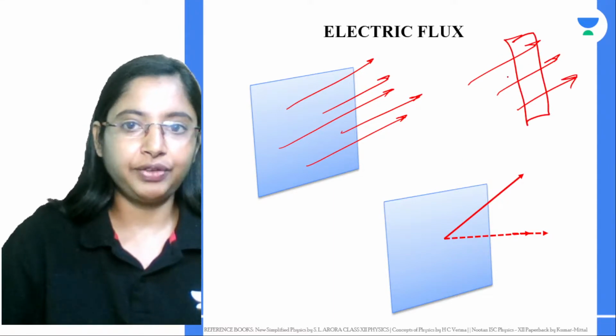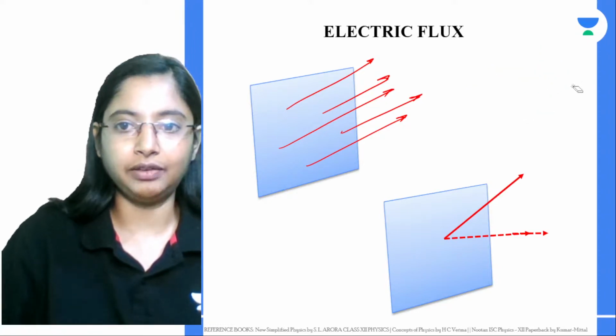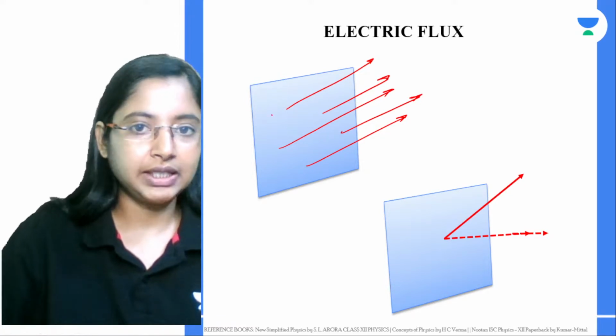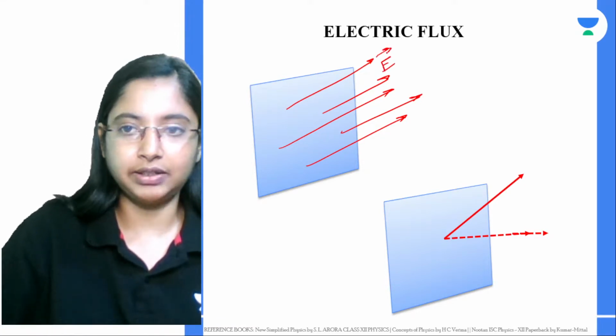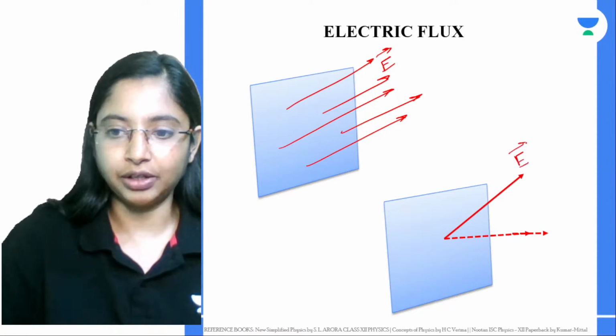Now the electric field line makes an angle with the area vector. So the electric field lines in this case are going in this direction.